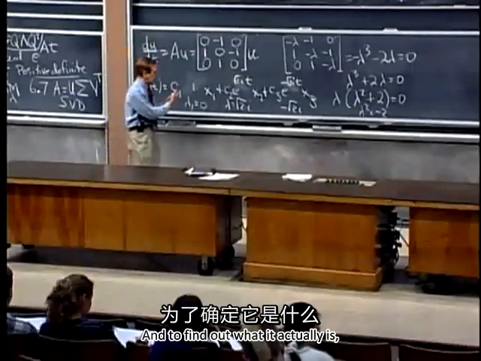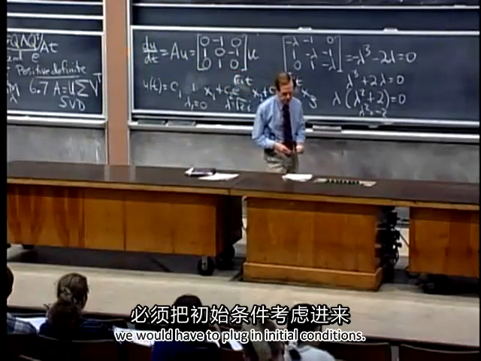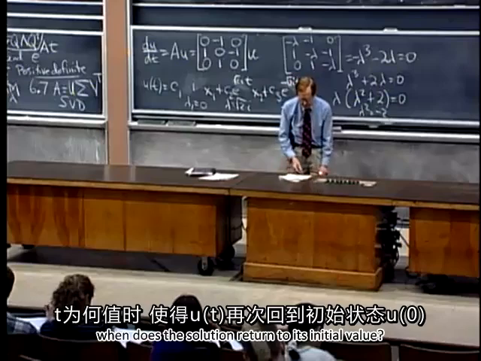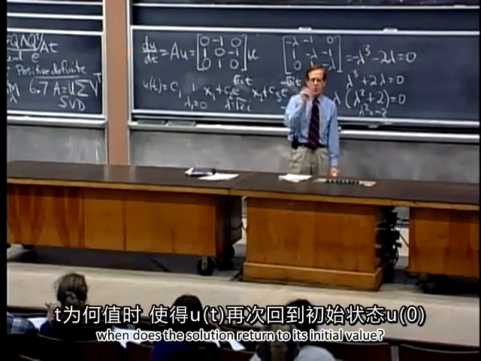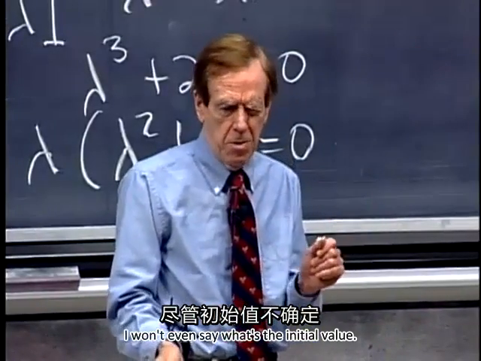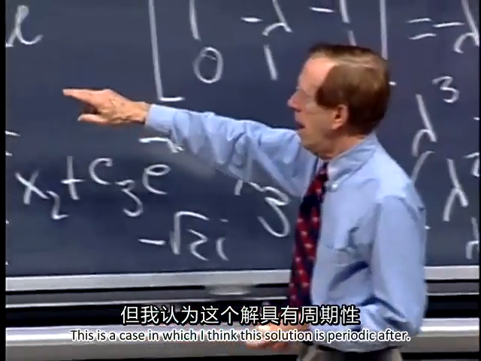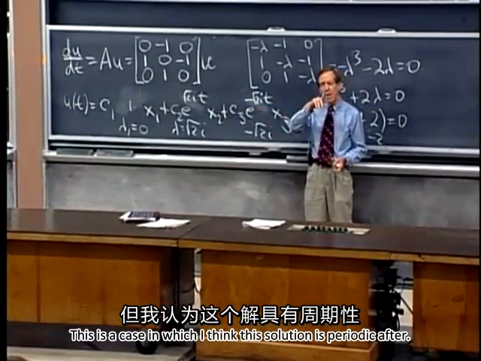Okay. And to find out what it actually is, we would have to plug in initial conditions. But actually, the next question I ask is, when does the solution return to its initial value? I won't even say what the initial value is. This is a case in which I think this solution is periodic.